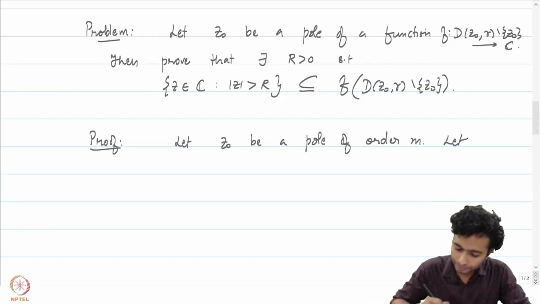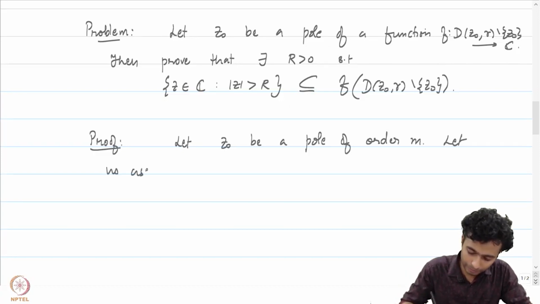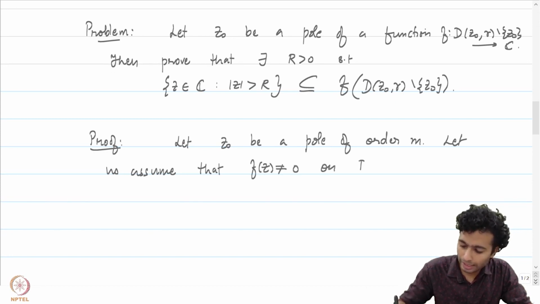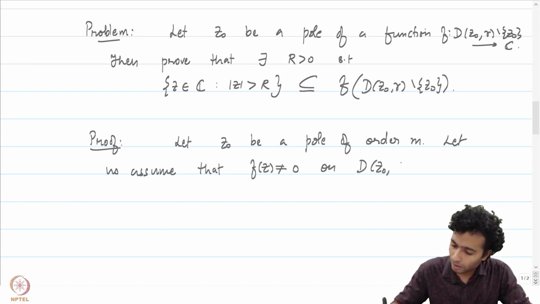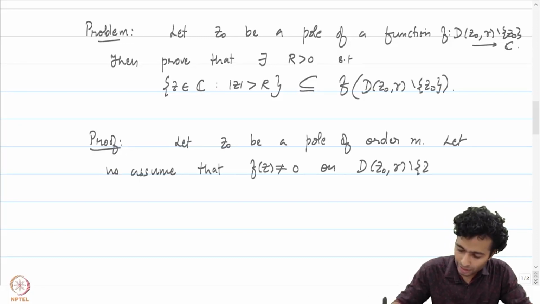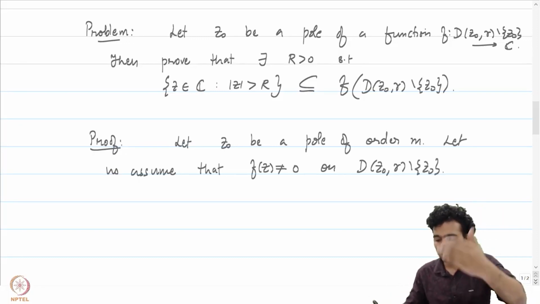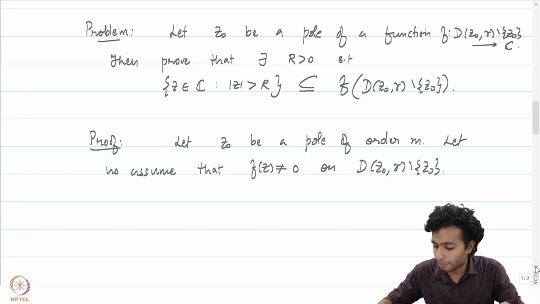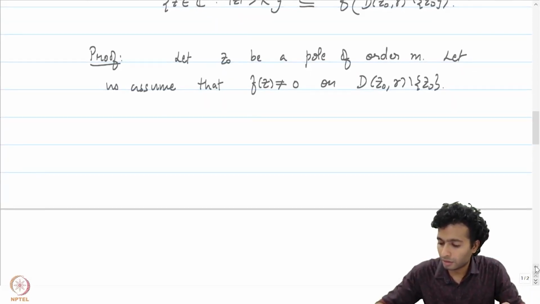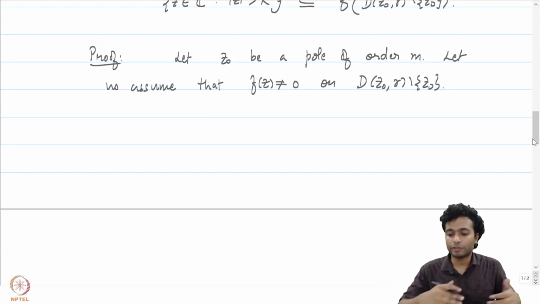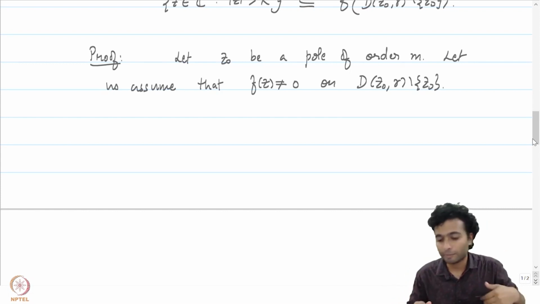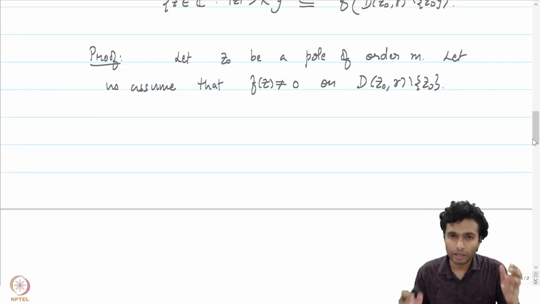Let's assume that f(z) is not equal to 0 on D(z0, r) minus z0. This can certainly be assumed because if you shrink the disk a bit, the fact that the absolute value of f(z) blows up exactly means that for some smaller disk it's greater than some capital M.